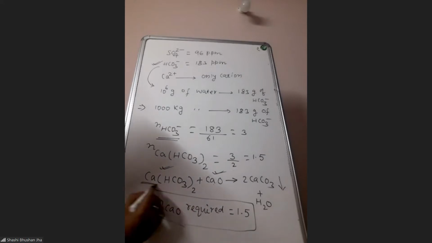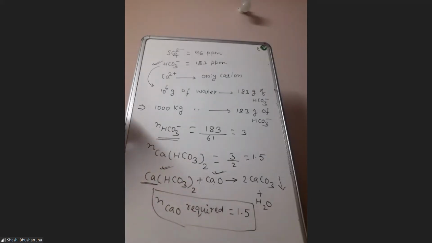So see, when you add calcium oxide, this calcium bicarbonate will be completely removed. But still, this sulfate ion is present in solution. You have added calcium oxide to remove calcium bicarbonate, still calcium sulfate is present in solution. So now you need to calculate what is the number of moles of calcium sulfate in solution.